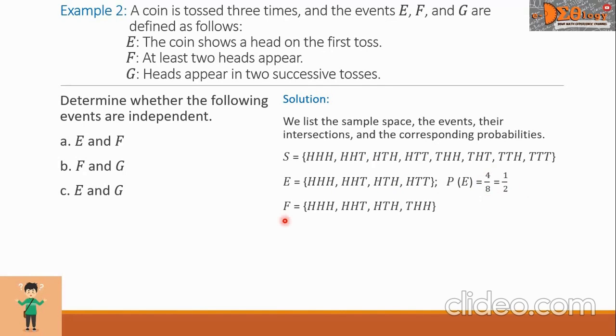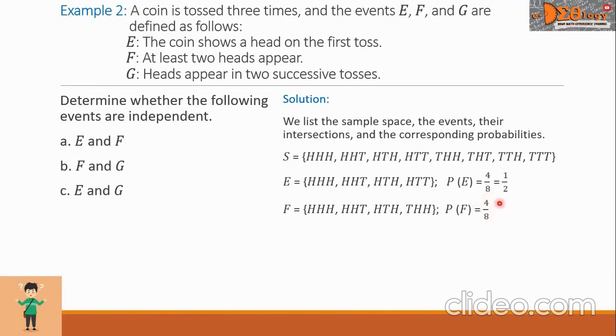Next is event F, and the possibilities are HHH, then HHT, followed by HTH, and the last is THH. For the probability of F, this is equal to 4 over 8.